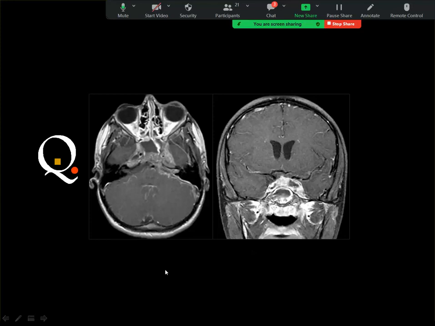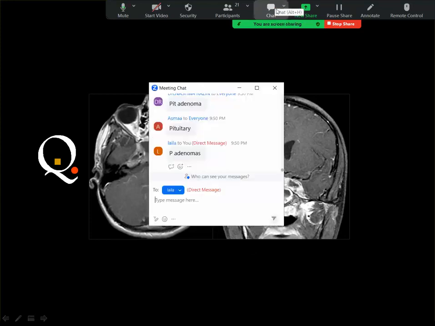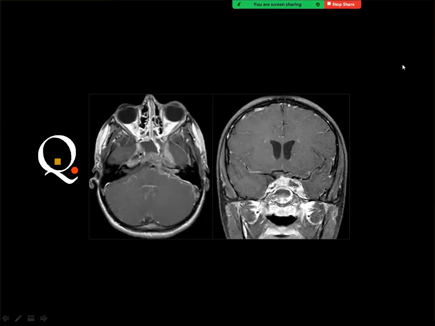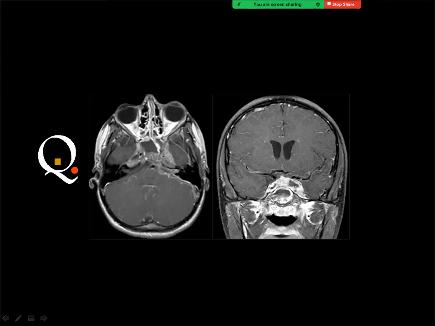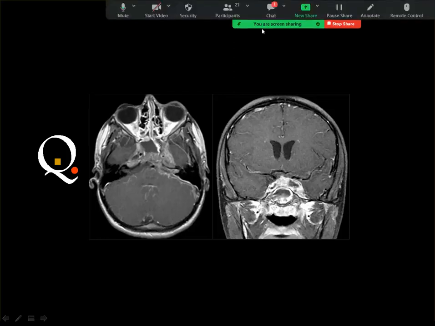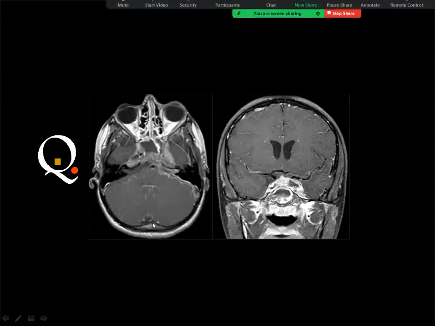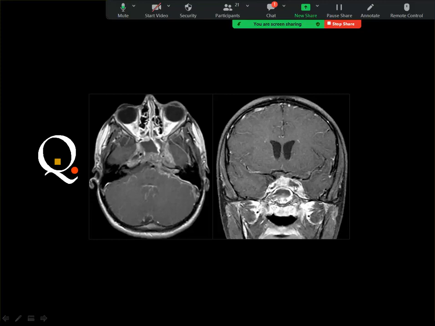Axial and coronal T1 post contrast. Okay, and if you look carefully here, you see that there is inflammation of the sphenoid sinus with marginal enhancement denoting sphenoid sinusitis, and sphenoid sinusitis is one of the common causes of cavernous sinus thrombosis.